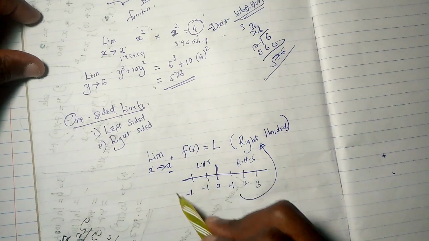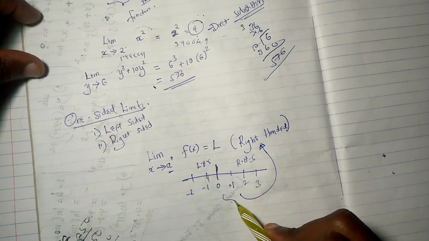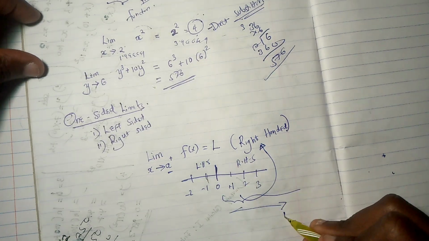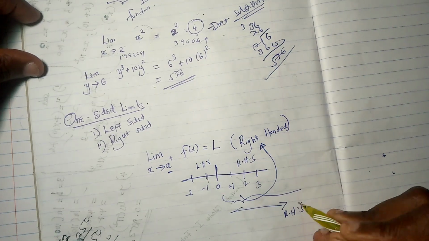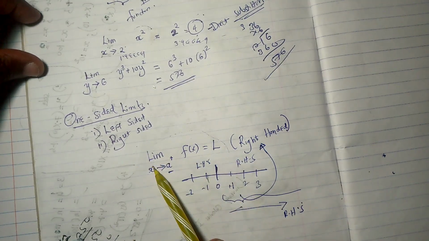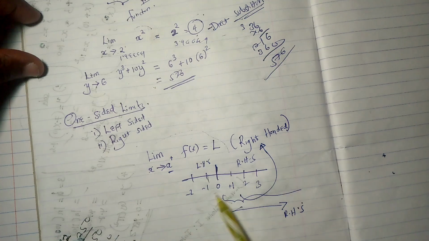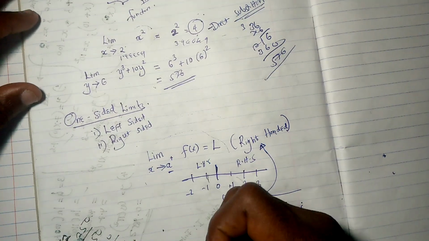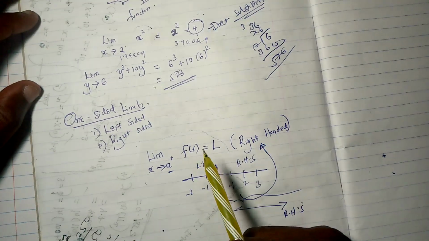So a takes a positive value from 0 going this way. This is the right-hand side, and this is what we call a right-sided limit.